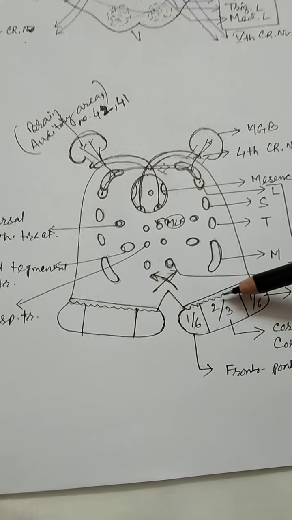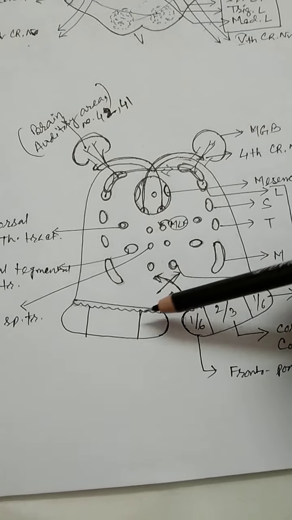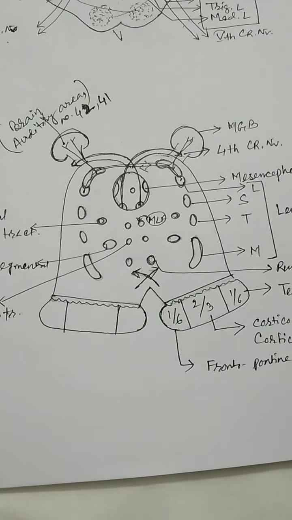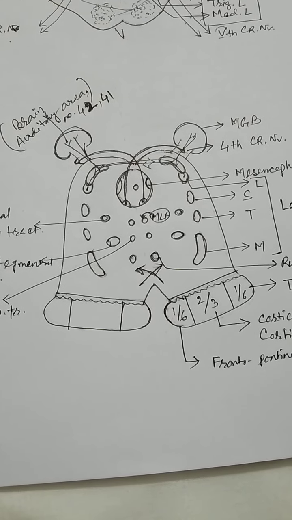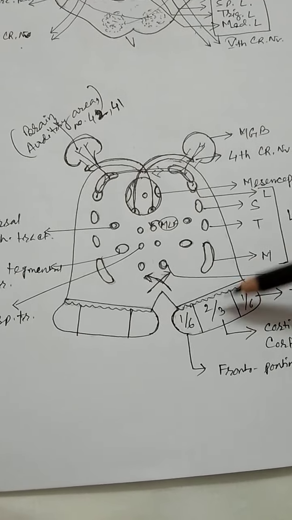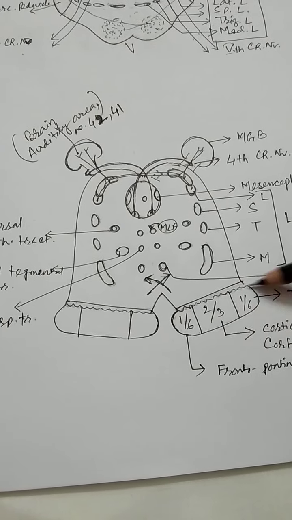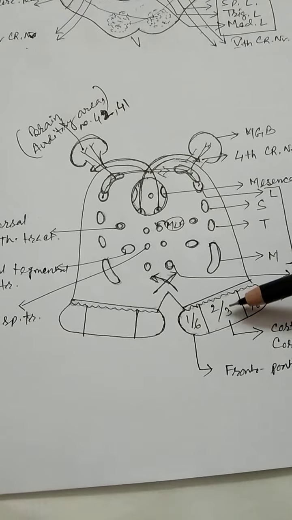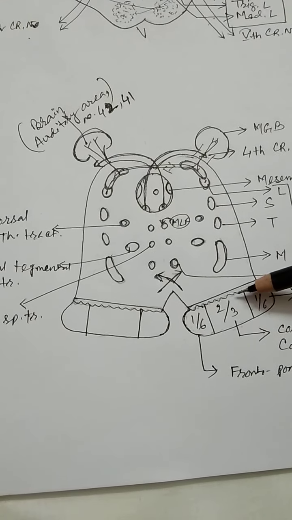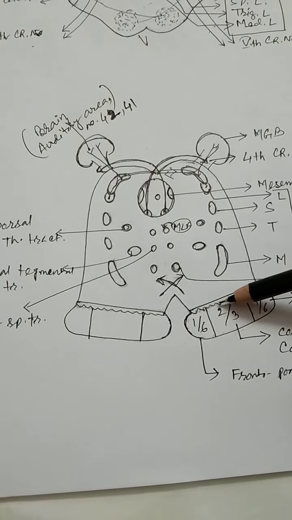Because of this, it is deep in color. The connections of the substantia nigra will be discussed in detail in the class on the brain. In front of the substantia nigra, this part is called the crus cerebri, the cerebral peduncle. Then just dorsal to it is the substantia nigra.